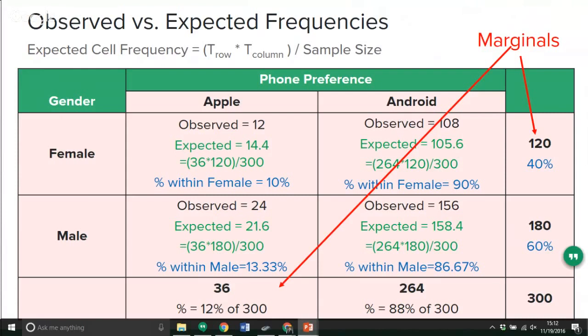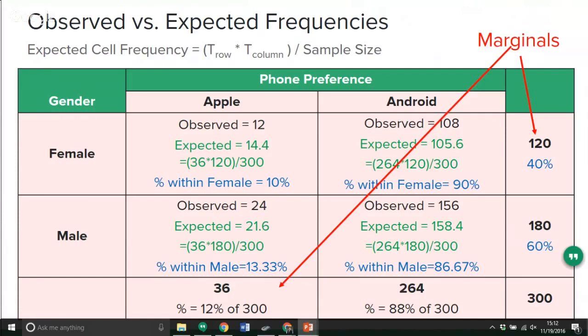So we would ultimately need these expected proportions because we need that for our chi-square difference test, our chi-square goodness of fit test. So we would then take the 12 minus 14.4, the observed minus expected, square it, divide it by the expected, then do it for this cell, then this cell, then this cell, add them all up, and then we would get our chi-square statistic.